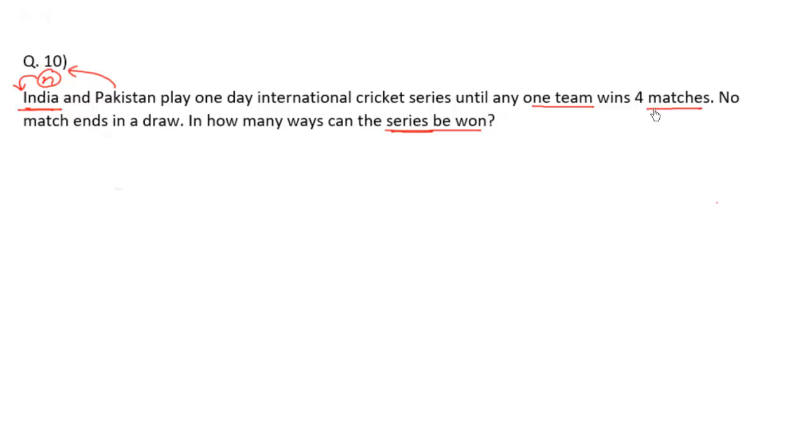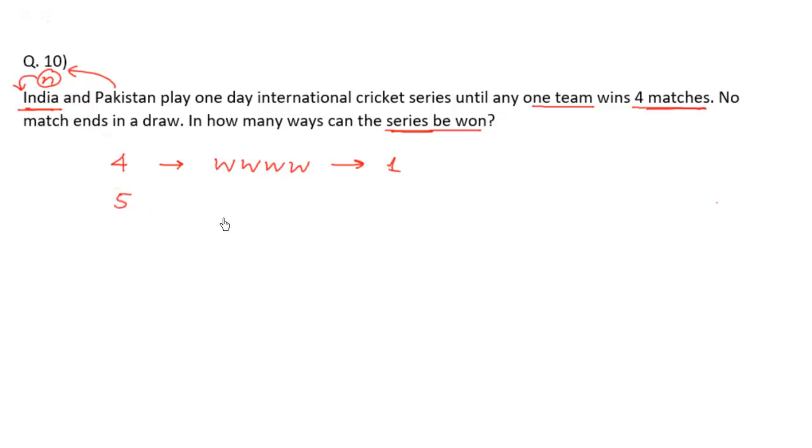So the series keeps on going, no match ends in a draw, and until any of these teams wins 4 matches, the series will keep on going. So the minimum number of matches required is 4, correct? So that India wins the 4 matches right from match number 1 to match number 4. This can happen in only one way.